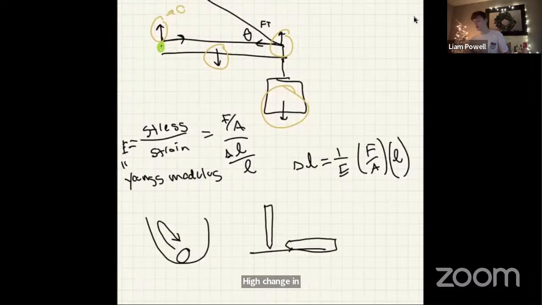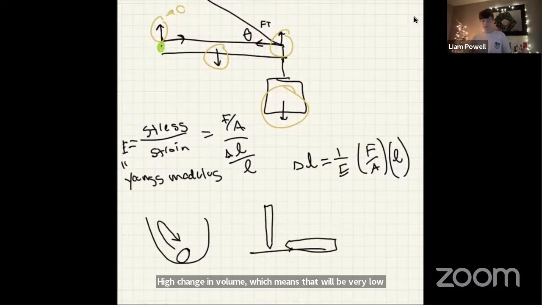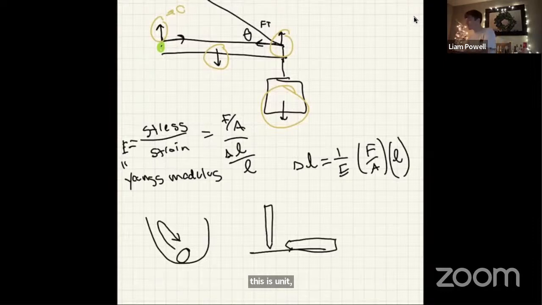Let me check that really quickly. This is unit 9, bulk modulus.